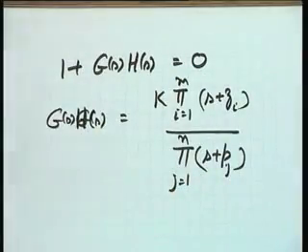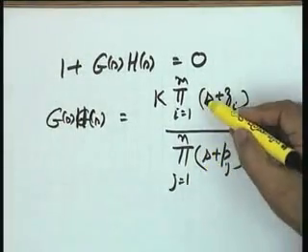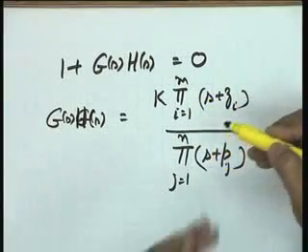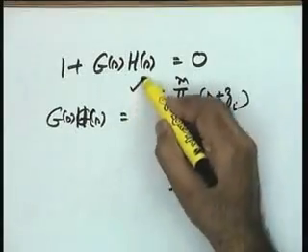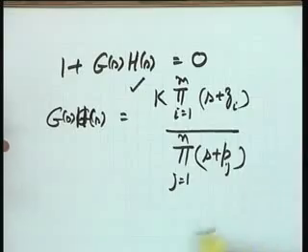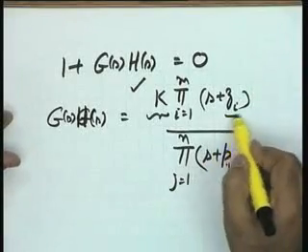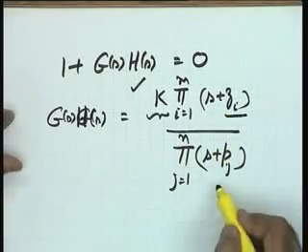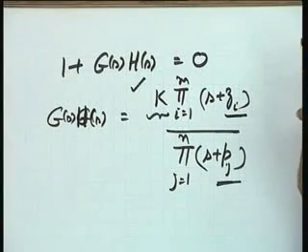Factorize the two polynomials, one constant will come out because these are s and s. So if you are taking s here and not a coefficient here, a factor will definitely come out. Okay, so that factor is K, and therefore any form of GsHs may be given to you. It is always possible to put that in this particular form, and in this form K is the gain of the transfer function, zi's are the open loop zeros, and pj's are the open loop poles of the transfer function GsHs.